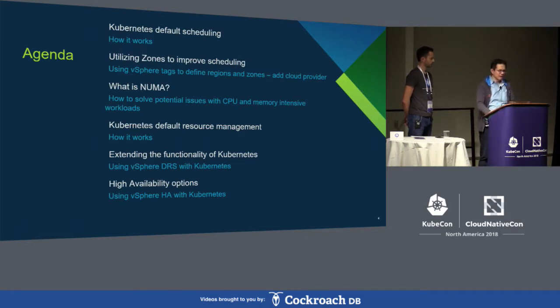Michael is going to pick up and cover Kubernetes default resource management and ways of extending the default functionality of Kubernetes by utilizing vSphere features in conjunction with the built-in features of Kubernetes. Finally, I left it here. We delivered this a month ago at KubeCon Shanghai and ran into the time limit, so I left it in the deck. If you download it later, we may or may not have time to cover high availability options.